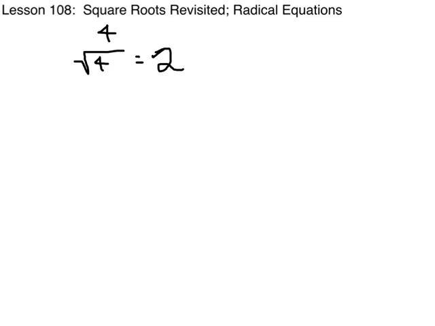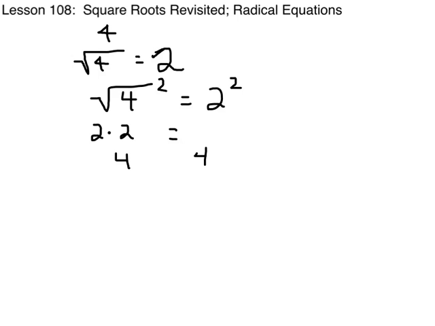And if I were to square this, the square root of 4 times the square root of 4, well, the square root of 4 is 2 times 2, which is 4, is also equal to 2 squared, which is 4.